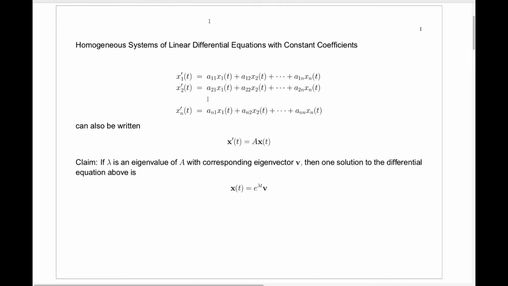here, of course, our vector function x of t is just x1, x2 through xn. These are all functions of t.